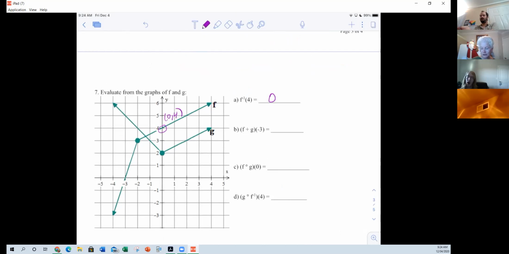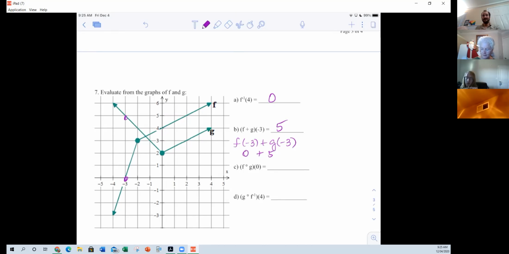Then f plus g of -3 is the same thing as f of -3 plus g of -3. f of -3 goes over to -3, and that would be 0. And g of -3, if you go up, that would be 5. So 0 plus 5 is 5.